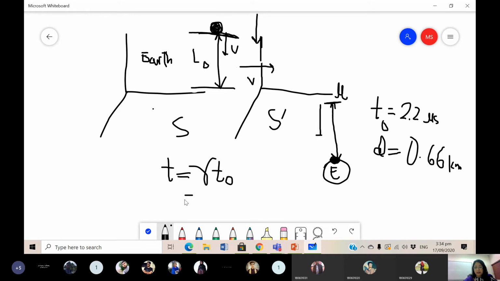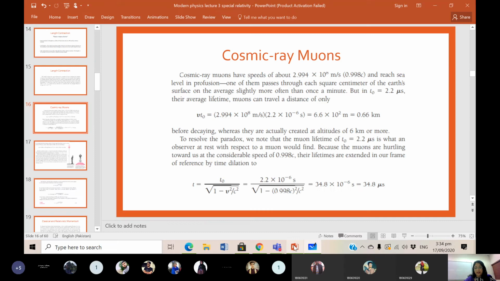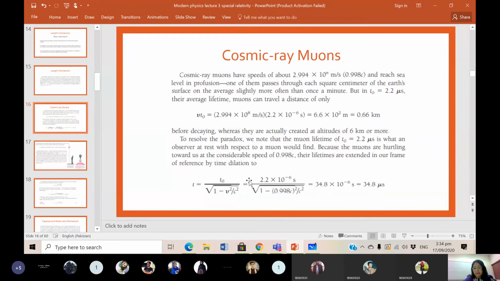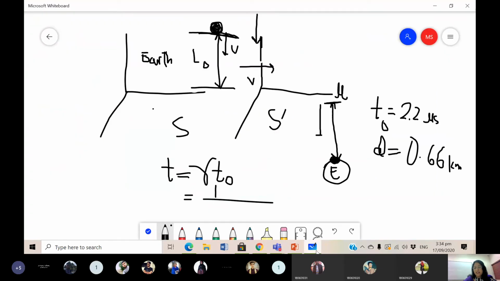So when we put that in here, 1 divided by, let's see, they have solved this in the PowerPoint. 2.2 microseconds was the lifetime of the particle in the reference frame of the particle, which is moving in this direction.